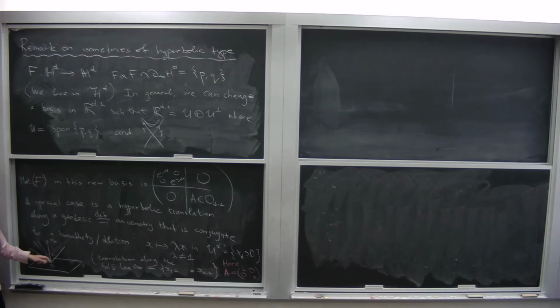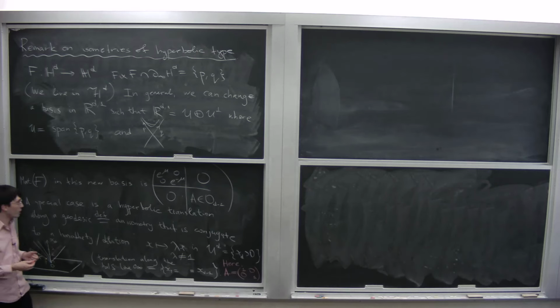Actually, two interesting observations. If I take this point, then the orbit converges to infinity. If I take any other point x, its orbit will also converge to infinity along some different ray.